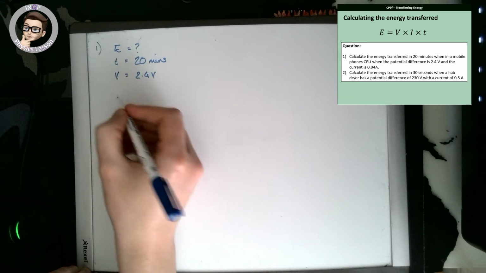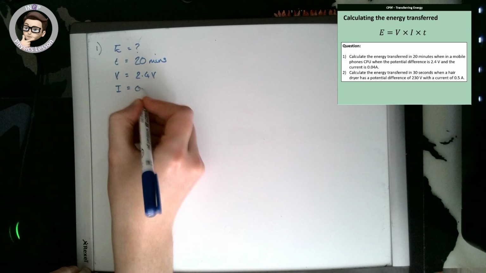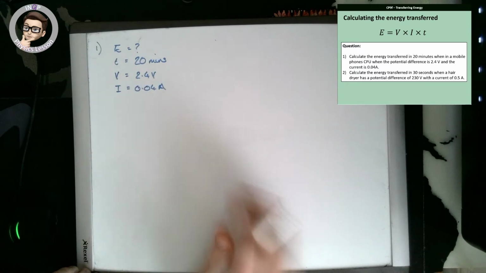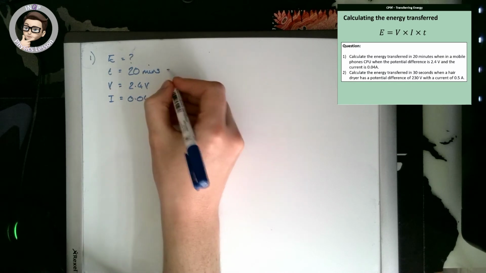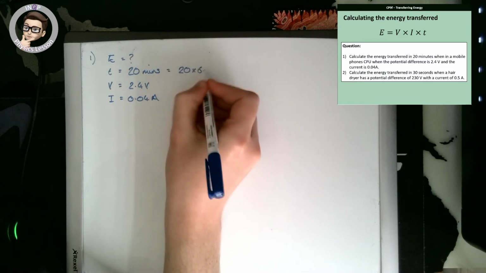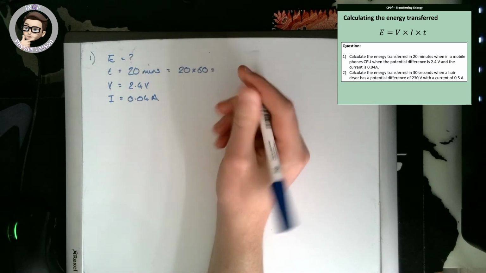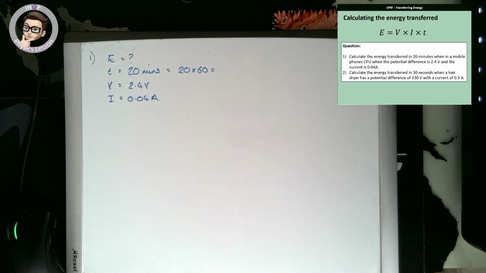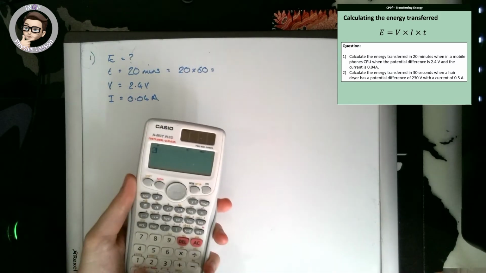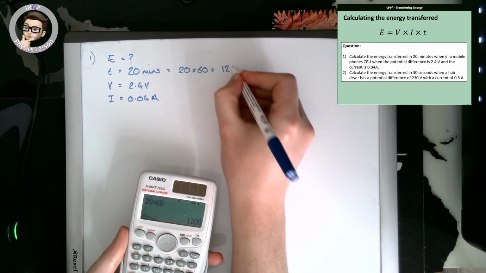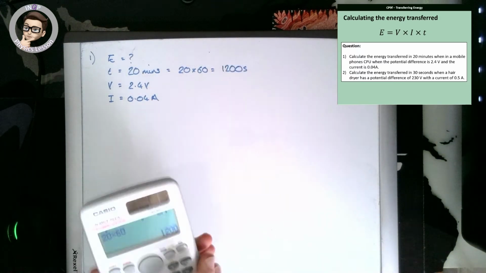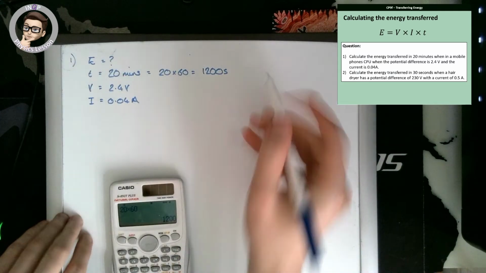And we also know the current is 0.04 amperes. Now, the first thing we need to have realised here is we're working in minutes. So we need to multiply that by 60 to give us seconds. And 20 times 60, if we do it on our calculators, is going to give us an answer of 1,200 seconds.